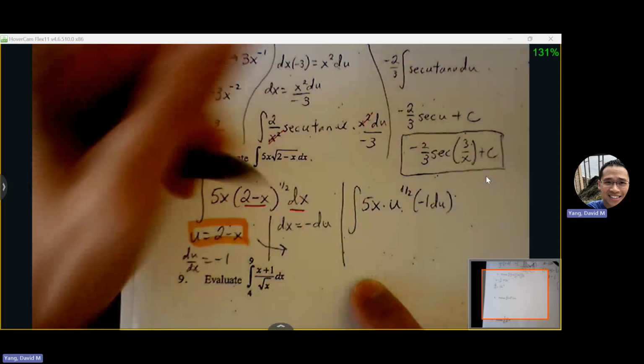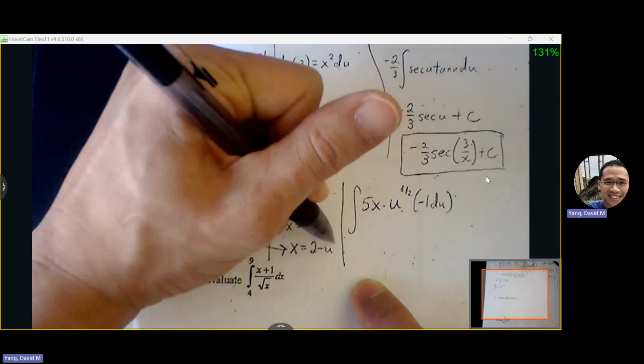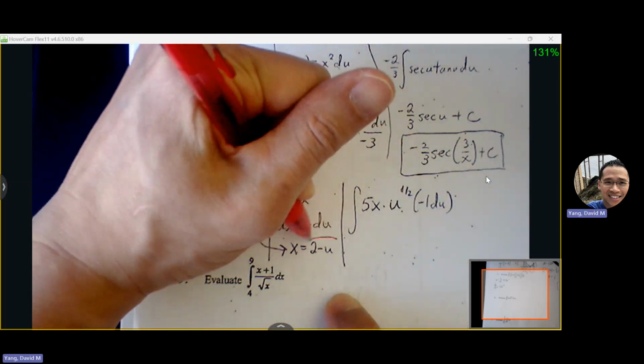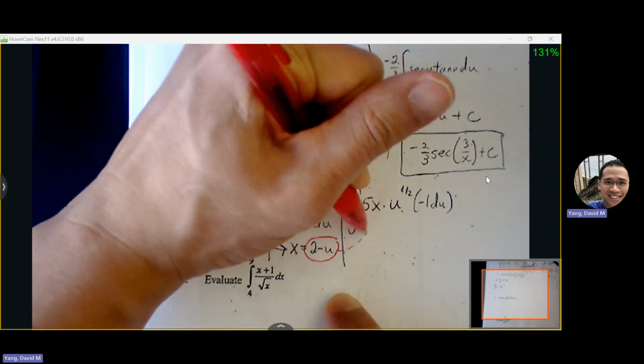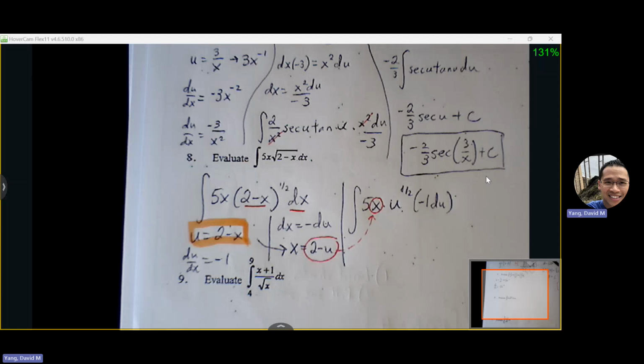So if I solve for x here, x is equal to 2 minus u. So this is going to replace this. We have to do some additional algebraic steps before we're ready to move forward with our calculus step, with our power rule.